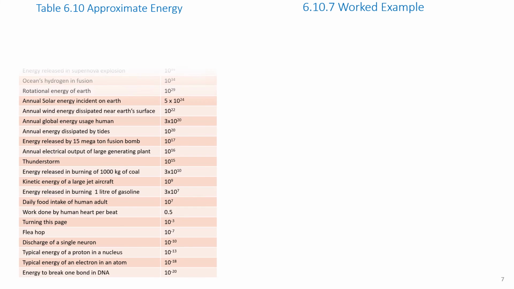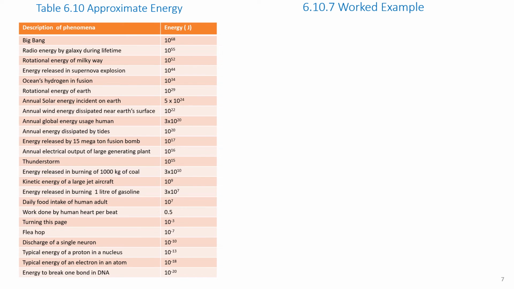Table 6.10 shows approximate energy of various phenomena that we encounter in our studies. The first item is a Big Bang, which is given in column number 1, which describes the phenomena. Column number 2 gives the energy in joules.